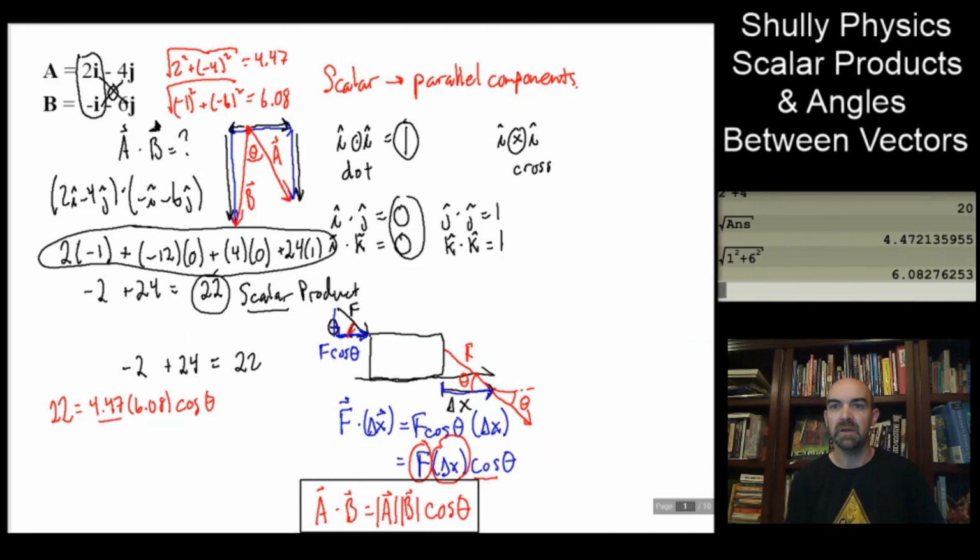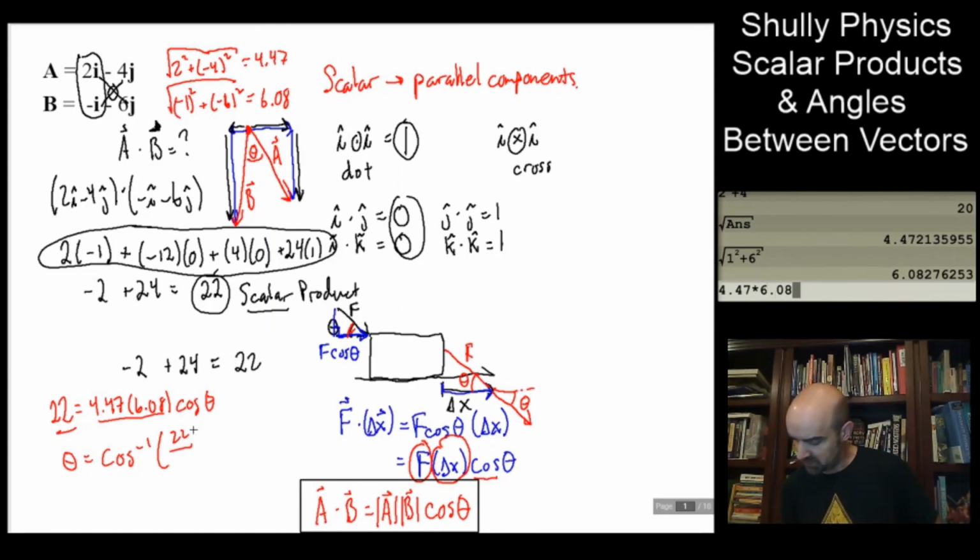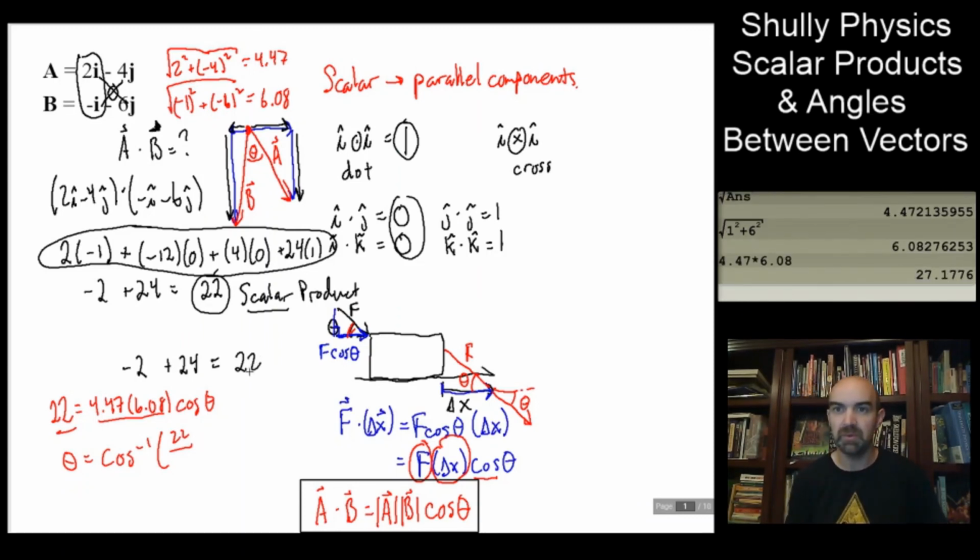So now I'm going to divide both sides by this product here, and we're going to get an inverse cosine of 22 divided by, let me go ahead and multiply those, 4.47 times 6.08, 27.2.